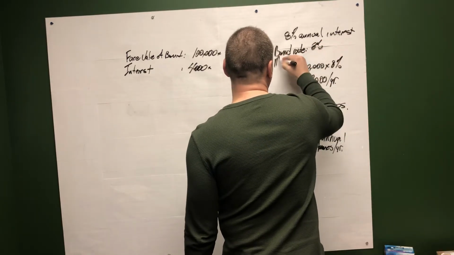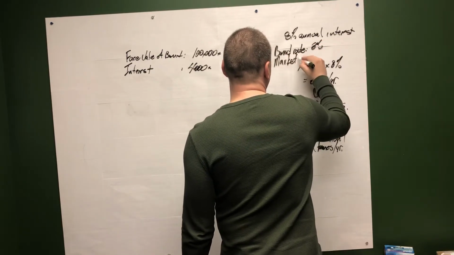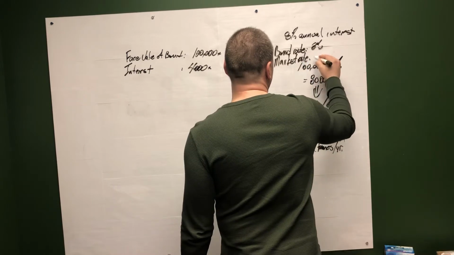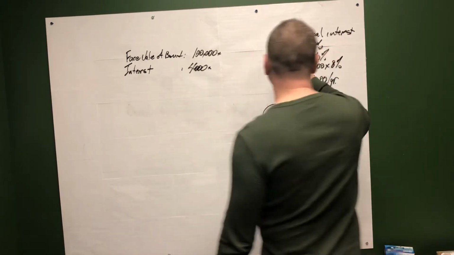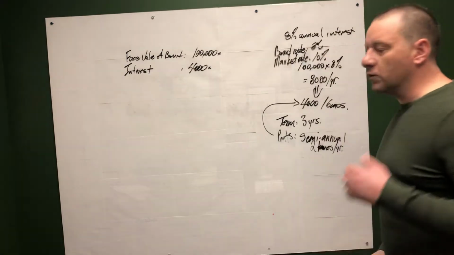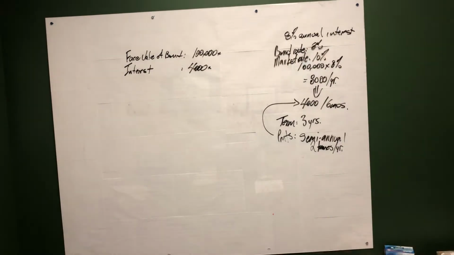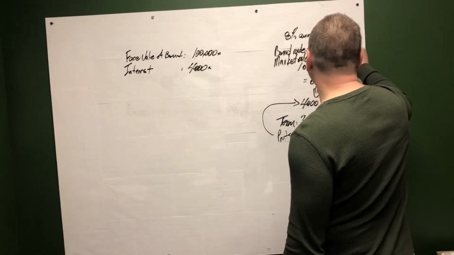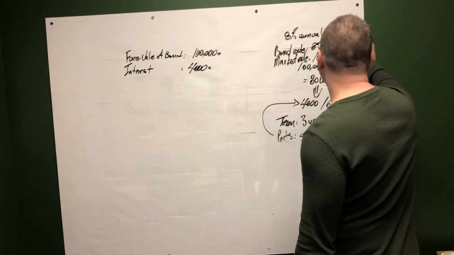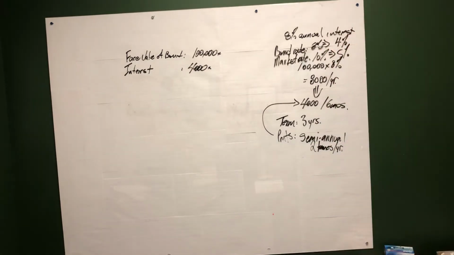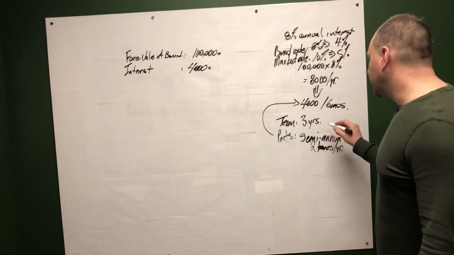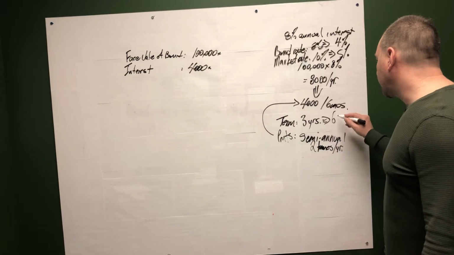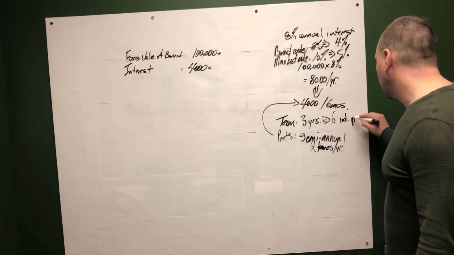The market rate is 10%. Again, these are both on a yearly basis. So for comparative purposes, we have to convert each to a semi-annual rate. So this will be 4% every 6 months. This will be 5% every 6 months. And remember, that 3-year term is going to give us 6 interest payments.